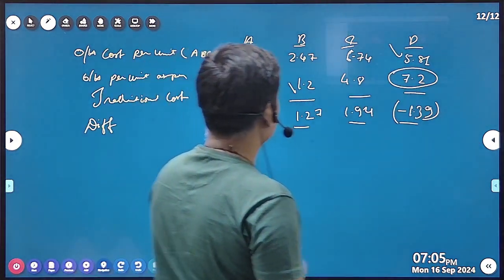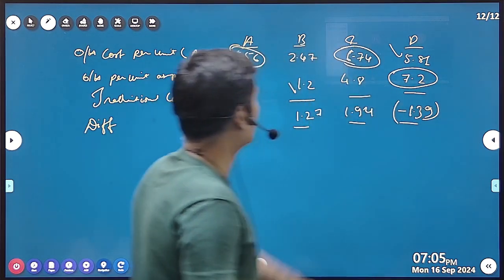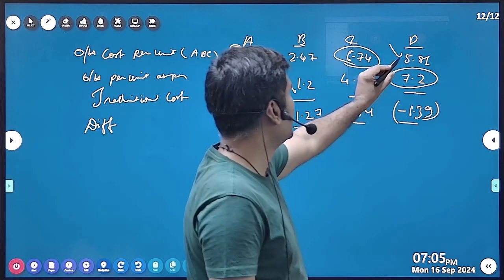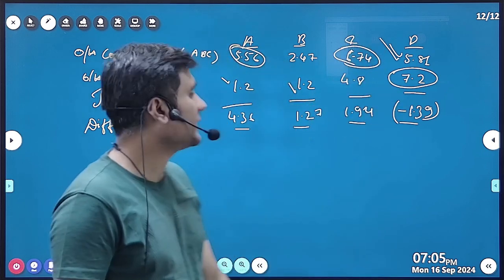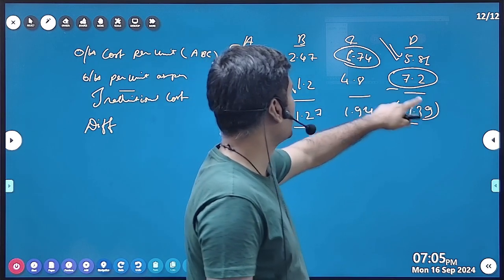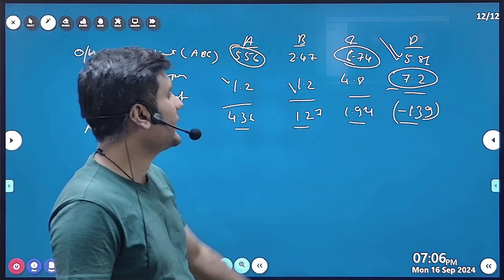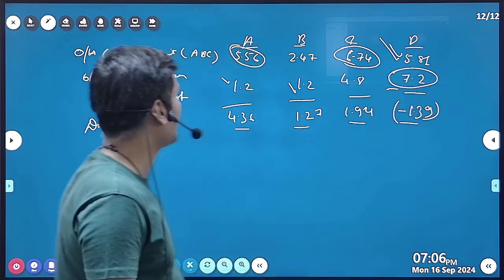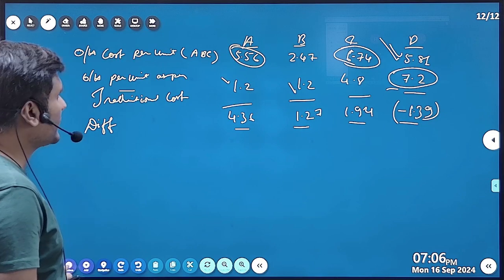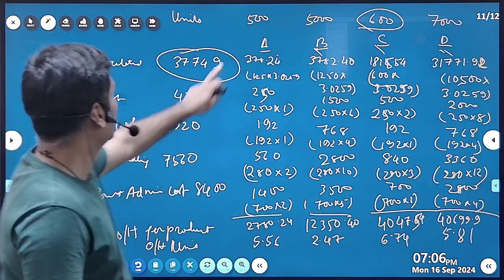The overhead cost for this has gone up, but for D, where the quantity manufactured is more, as per traditional costing it was 7.2, but as per ABC it has come down. Similarly for A and B also, the quantity manufactured is very high.